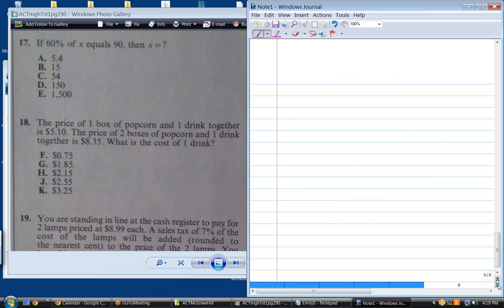Write the equation that these words say. 60% of x equals 90. How would I write that as an equation? 0.6, then parentheses x parentheses equals 90. Solve that for x.